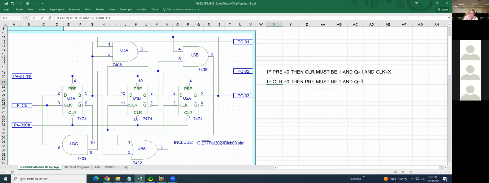And Q has to be equal to 0. And the clock will be don't care. That's correct.